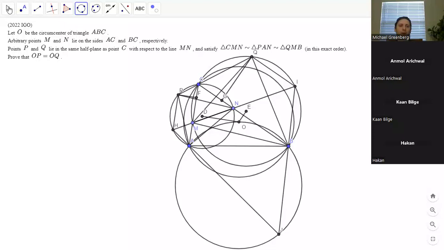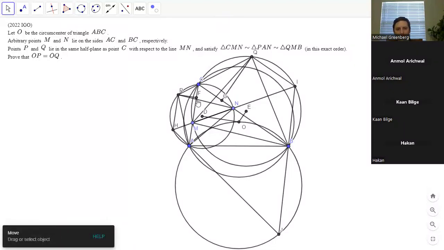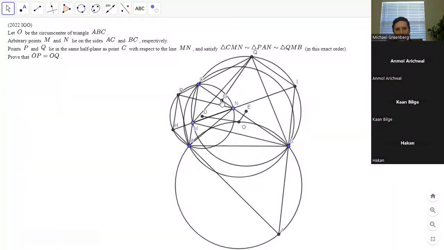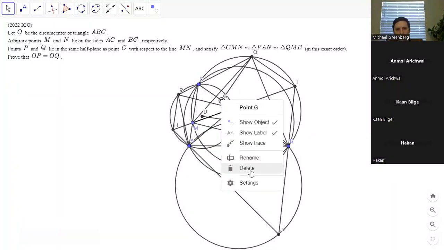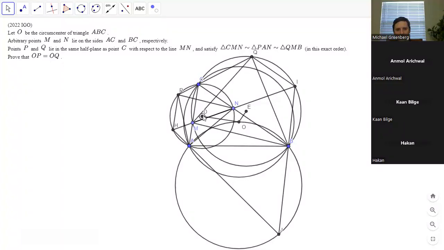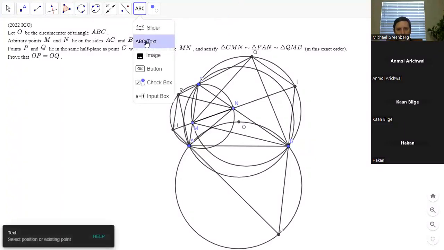Yeah, all right. So I'm going to delete these extra points I added. That seems like a much more elegant solution than what I had. All right. Okay. So let MN meet ANC and QMB at H and I.